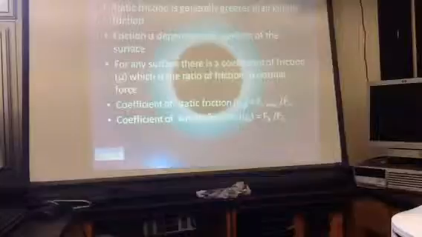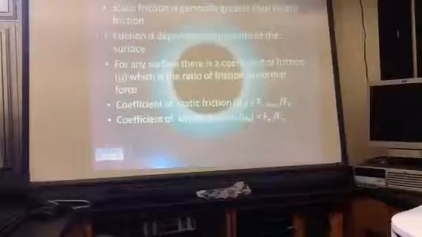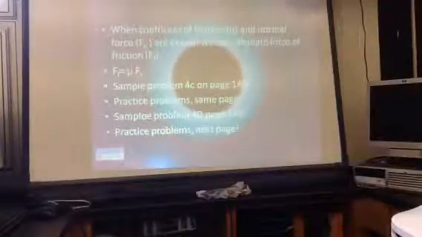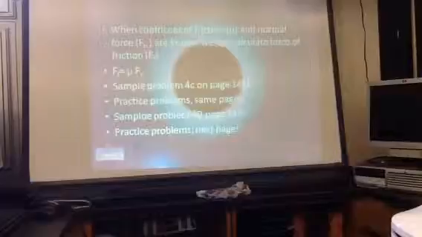Mu sub k is kinetic friction. And it's just a ratio of the friction to the normal force. We're going to talk about some examples of how that changes. If you know mu and you know normal force, you can figure out friction. If you know any one of those three, you can figure out the other.